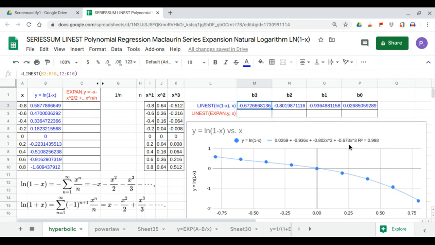We can also use the expansion where we have this formula, which is negative x minus x squared over 2 minus x cubed over 3 until negative x to the power n over n. So our values of n will start from 1, incremented by 1.